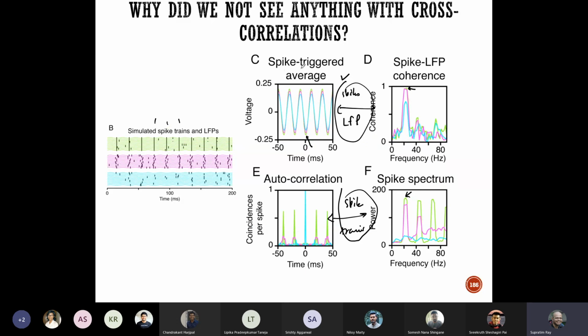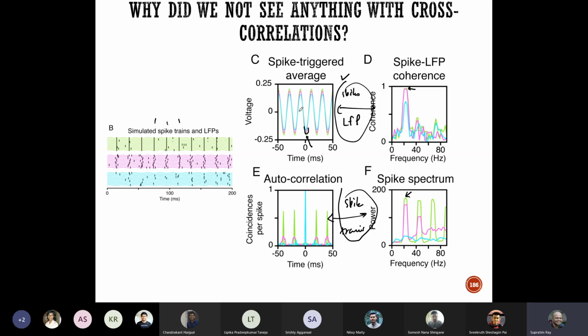Now, if you think about the spike triggered LFP average, I take the spike and look at the average. It's still more or less at the trough. It's only a 2-3 millisecond shift here and there. So it's always at the trough. So the spike triggered average of the LFP is still more or less sinusoidal.